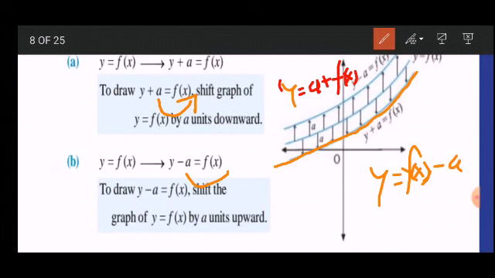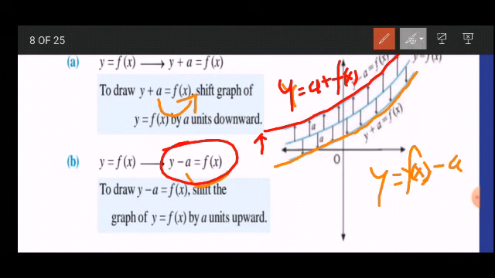Alright, so in that situation the f(x) goes this way. This part is y equal to a plus f(x). So the graph goes above, a unit above. This part is y equal to f(x) minus a, you can say y plus a equal to f(x). This part is the graph here.